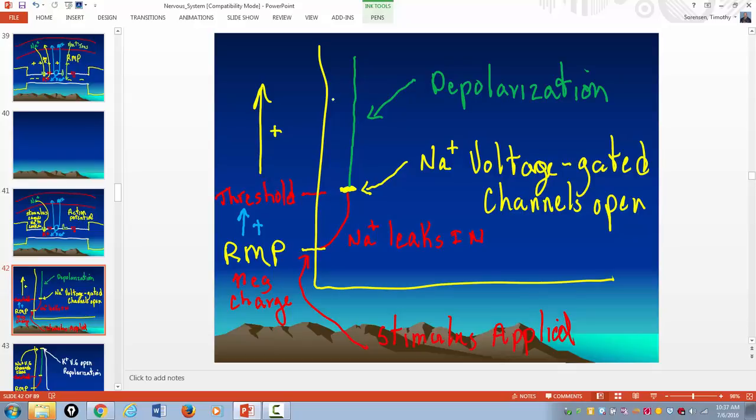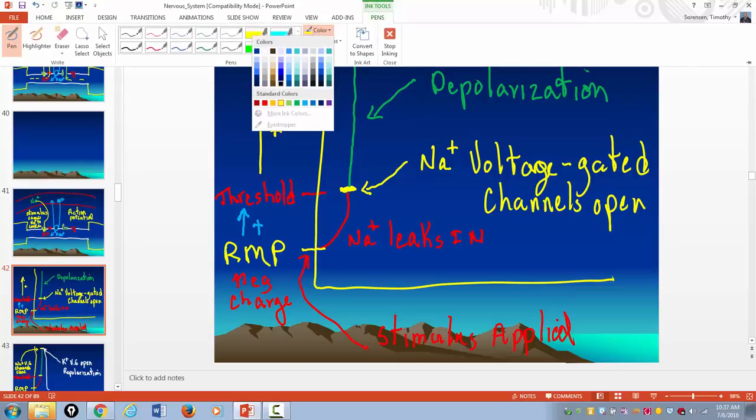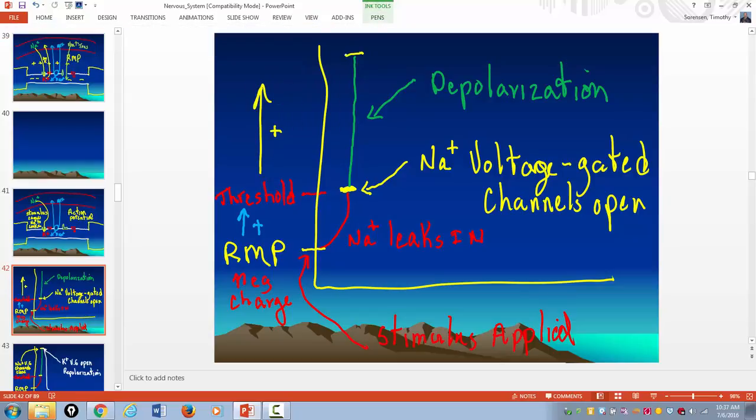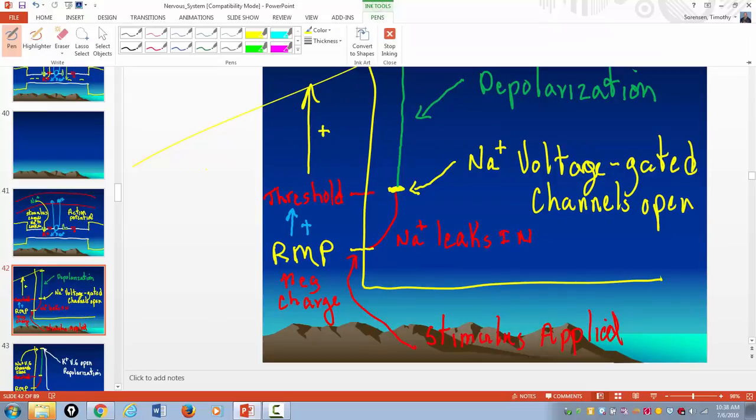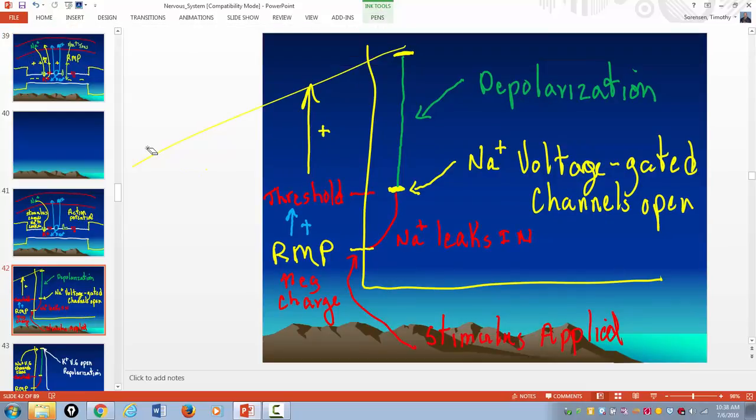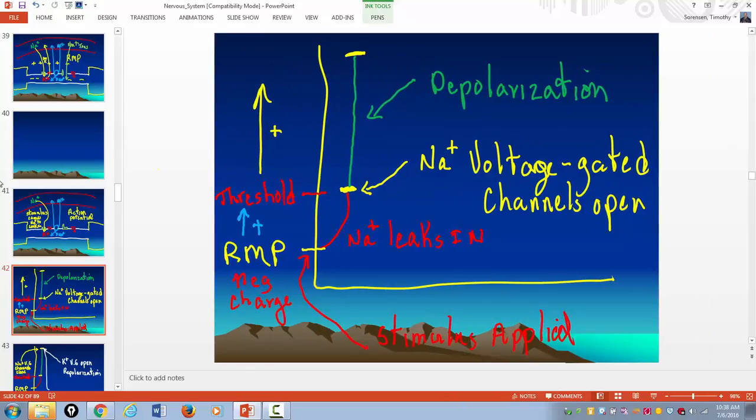Now, as sodium begins to rush in, you're going to hit inside that node another critical voltage. And when that critical voltage is reached, this is what happens.